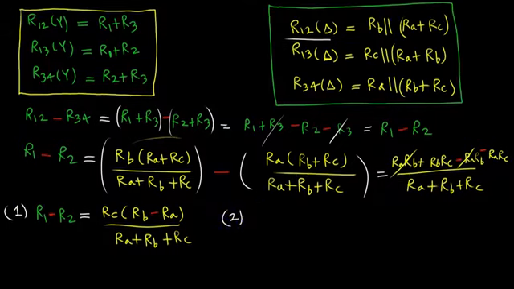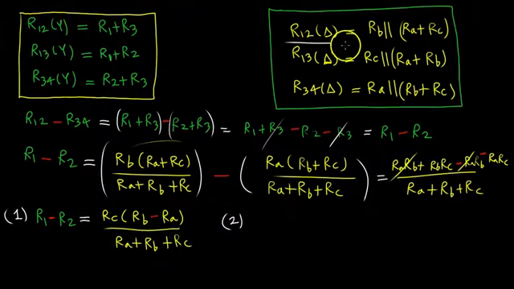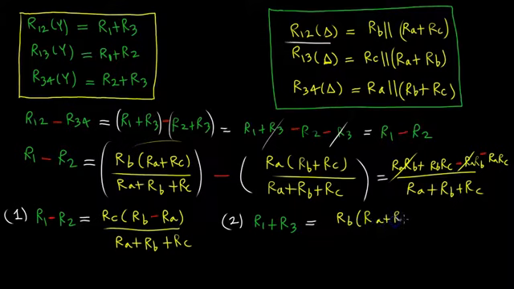I'm just going to set them equal to each other. R1 and R2, we said that has to equal this, so that's going to be R1 plus R3. I'm just going to list these out so it's easier to see as we move forward. So R1 plus R3 should equal the delta version, which is RB in parallel with RA and RC. I'm just going to combine them again in parallel: RB plus RC.